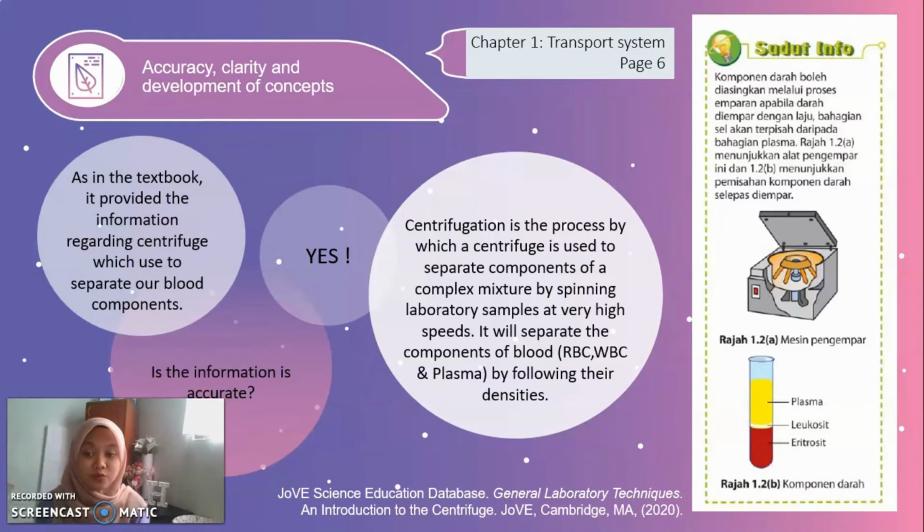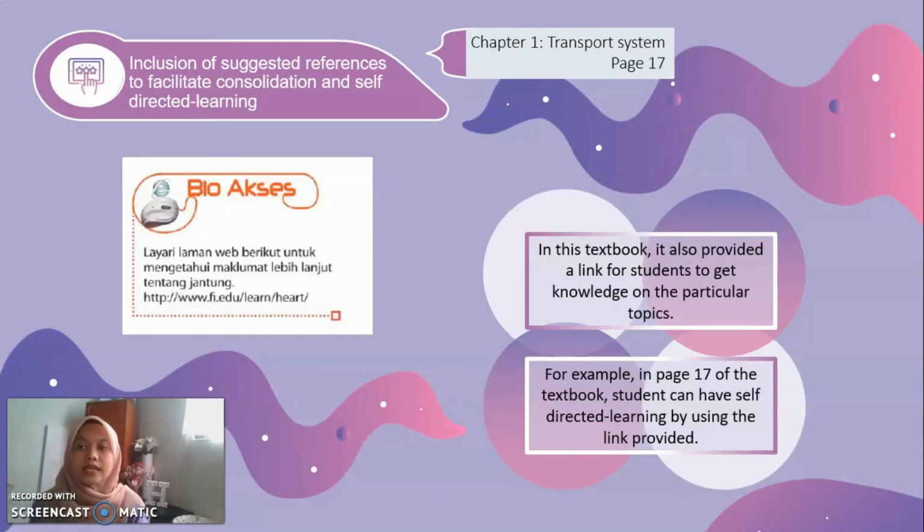So let's move to key concept number 2. Inclusion of suggested reference to facilitate consolidation and self-directed learning. In chapter 1, Transport System, page 17, the textbook has provided a link for students to get knowledge on this particular topic.